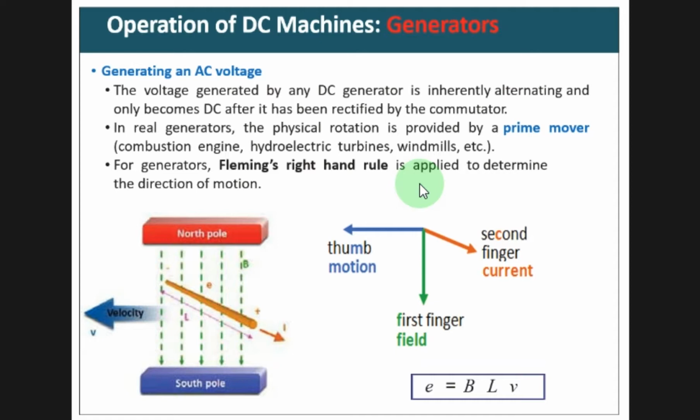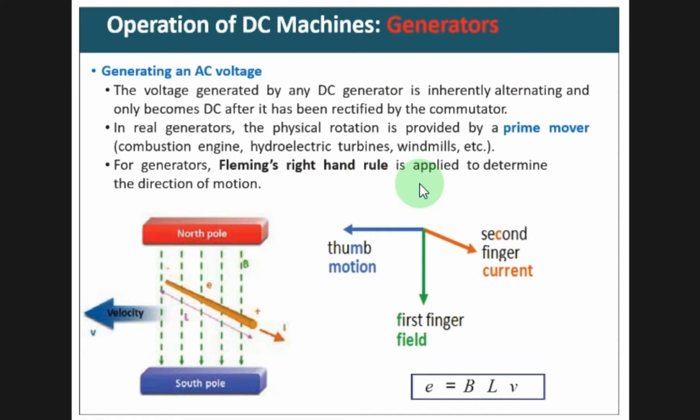Again, the middle finger is representing the direction of the current or the EMF generated.